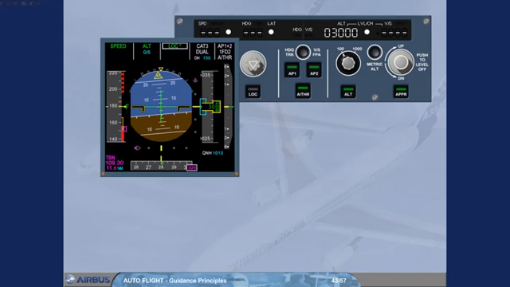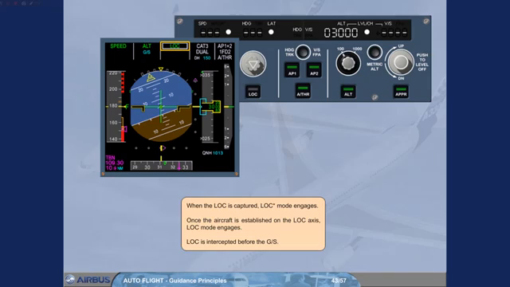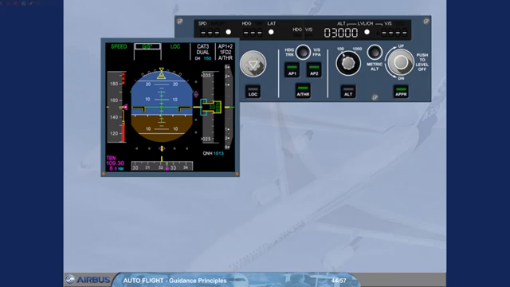When the localizer is captured, LOC star mode engages. Once the aircraft is established on the localizer axis, LOC mode engages. The localizer is intercepted before the GS. When the GS is captured, GS star mode engages and switches to GS mode when the aircraft is established.